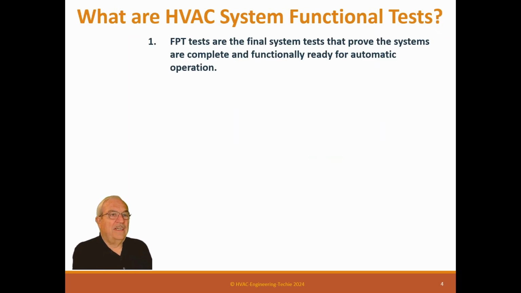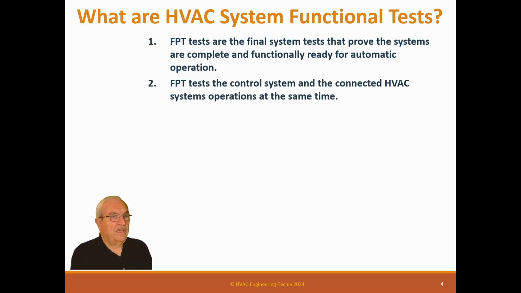Functional tests are the final system tests that prove the systems are complete and functional and ready for automatic operation. FPT tests the control system and the connected HVAC system operation at the same time. So we use the control system to manipulate the system and to record what happens, but it actually is testing everything.